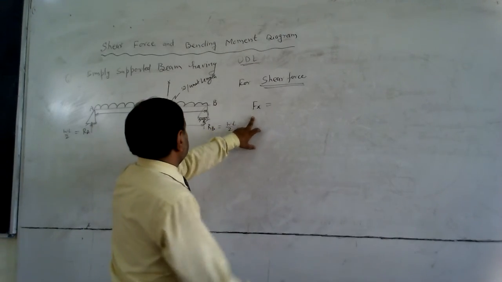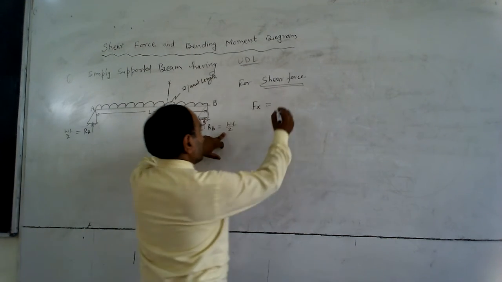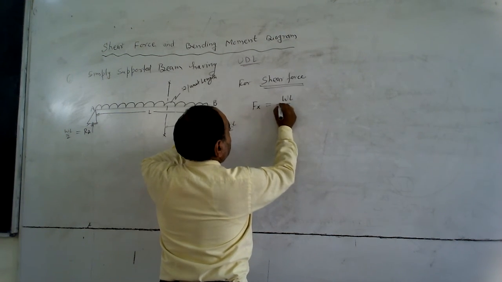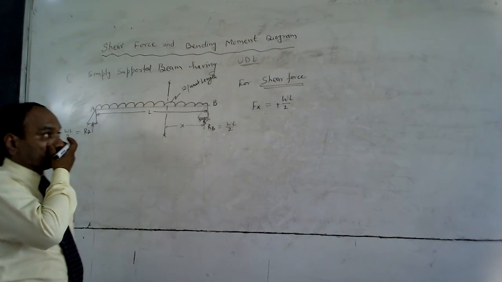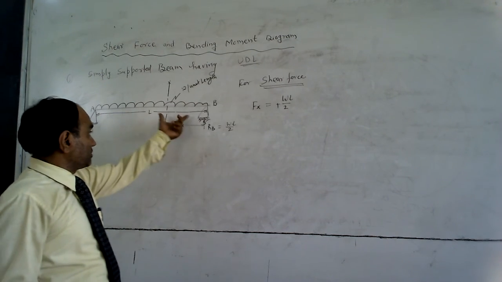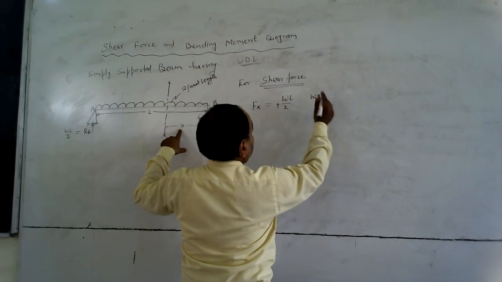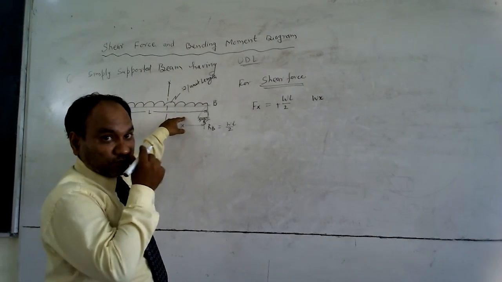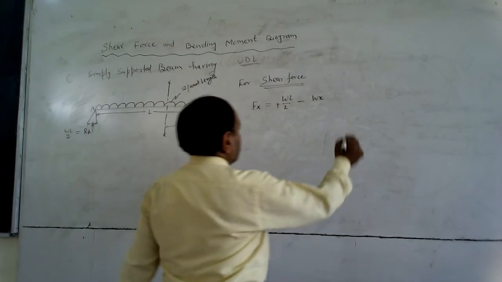The first force is the reaction RB, which is wL by 2. Upward forces we take as positive, so this is positive wL by 2. Another force acting on this beam is the UDL. The length of this UDL is x, so the total load of this portion is w into x. The direction of this load is downward, so downward load we take as negative by sign convention. This is equation number 6.